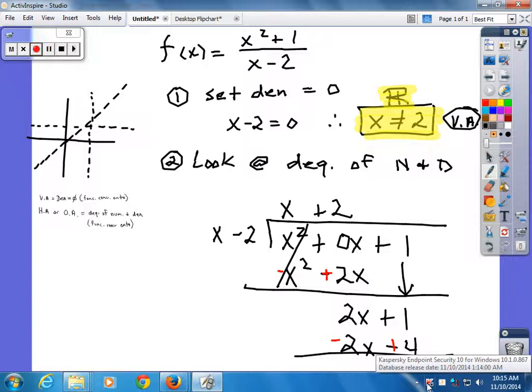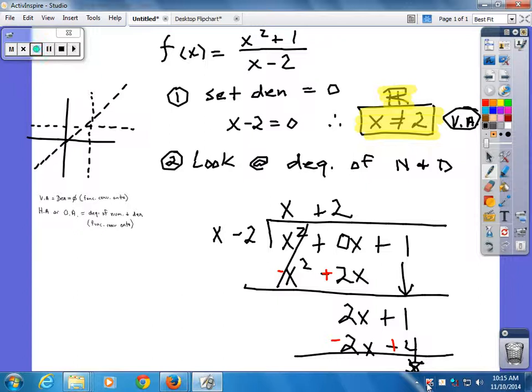How do you know it's oblique? Because this is a line, an oblique line, a diagonal. How do you know it's diagonal? Because if it's horizontal, the degree would be x to the first over x to the first, or x to the first over x squared.